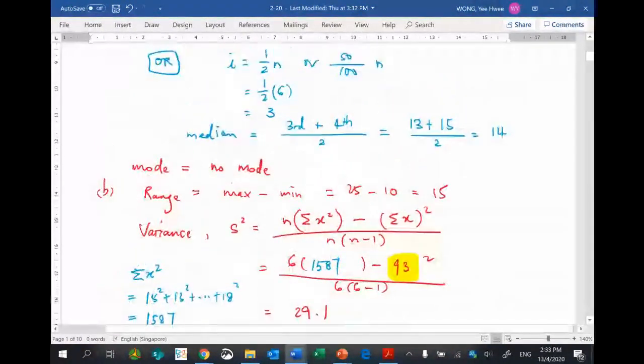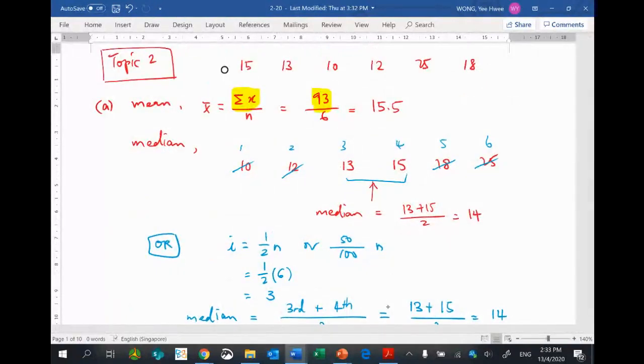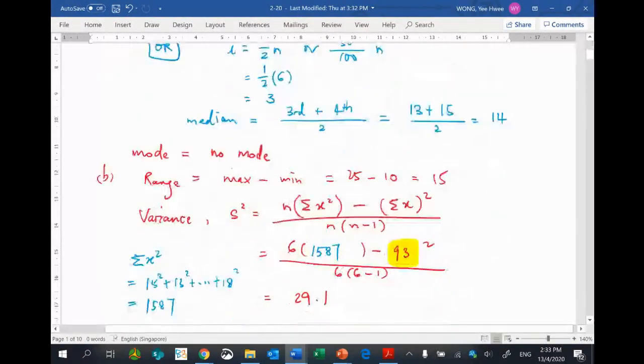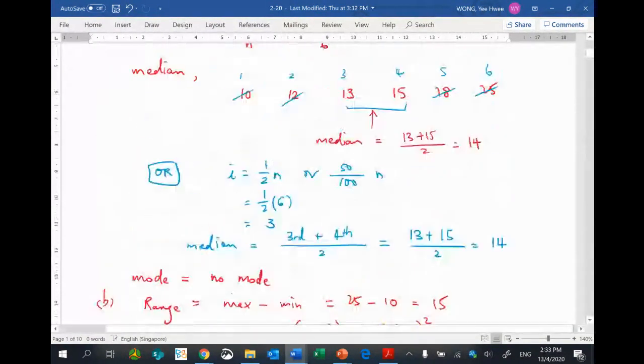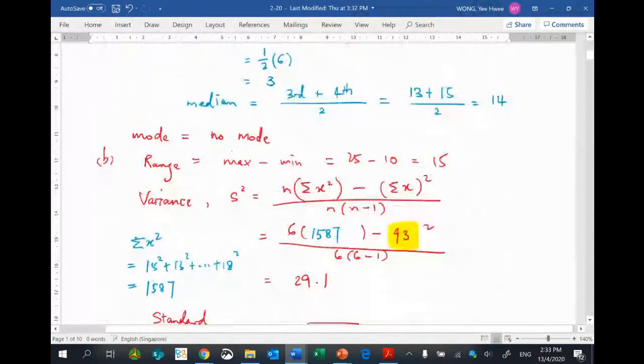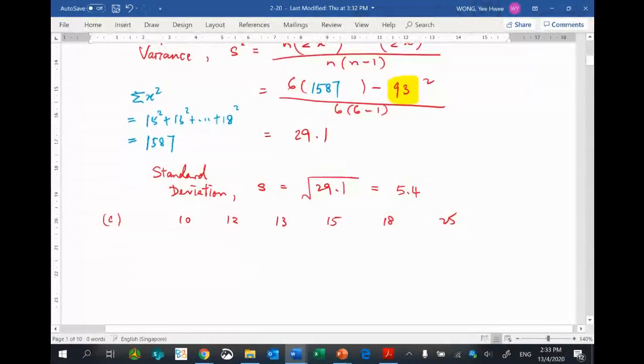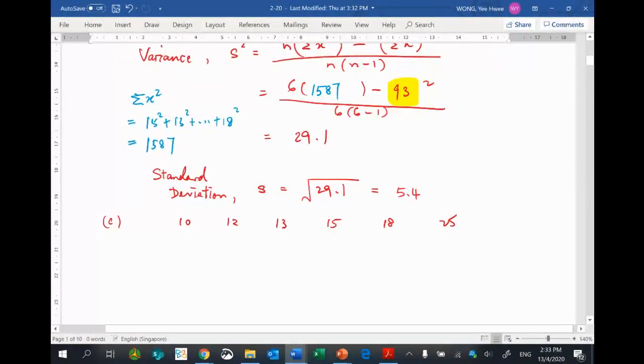Let me copy this again. 10, 12, 13, 15, 18, 25, right? So we're going to use this to calculate the quartiles.